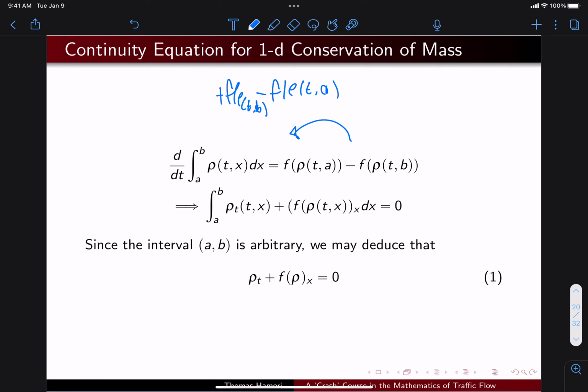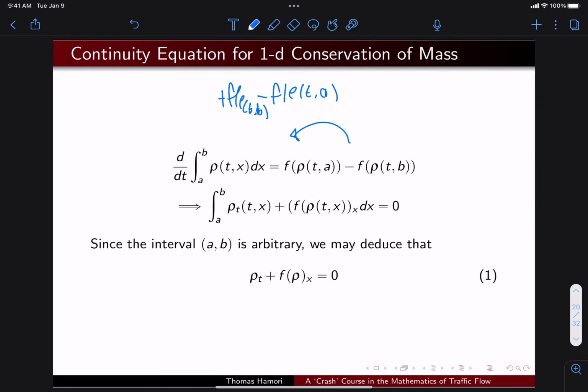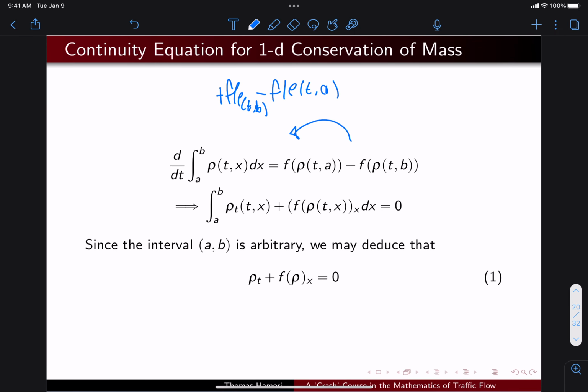So spoiler alert, there's this thing called the fundamental theorem of calculus. I don't know, they probably haven't learned that, have they? Well, there is a fundamental theorem of calculus, which is essentially going to allow us to unintegrate this thing and express this difference as the integration of the derivative.